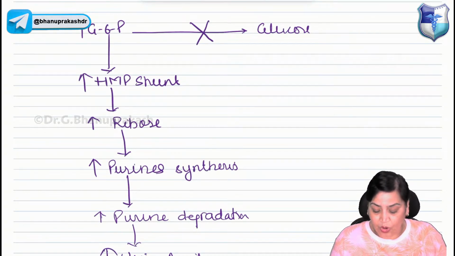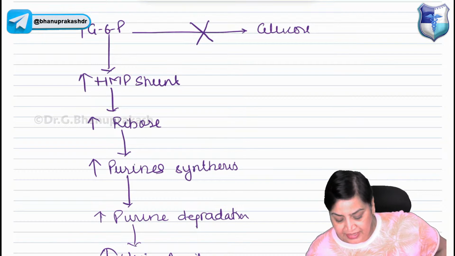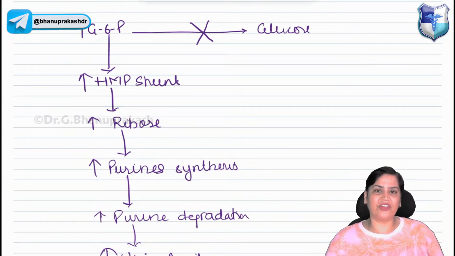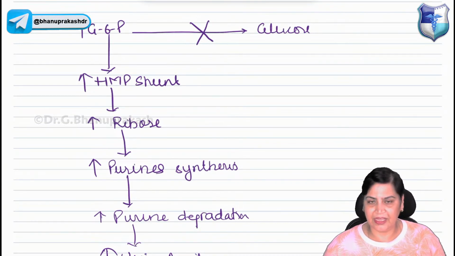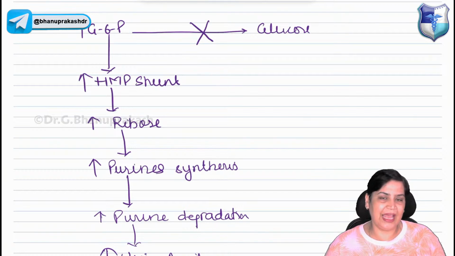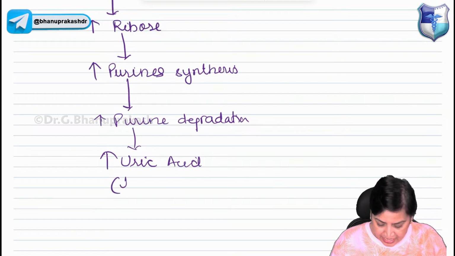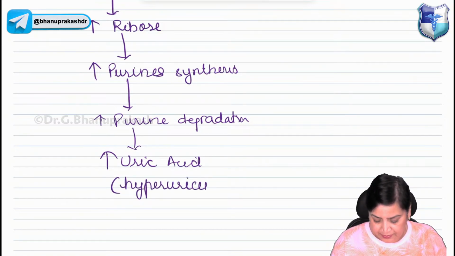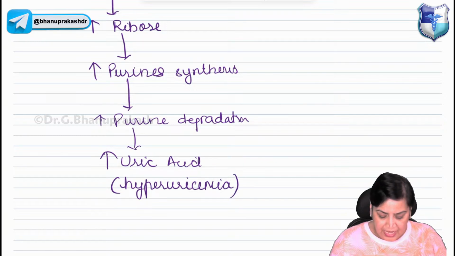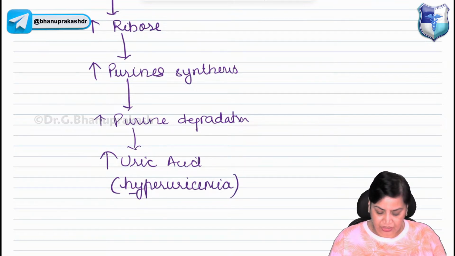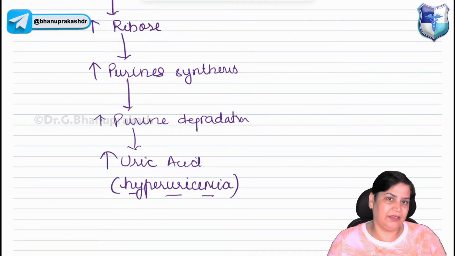And always remember that whenever there is increased concentration of uric acid, we call that condition hyperuricemia. Hyper means increased, uric acid in blood.